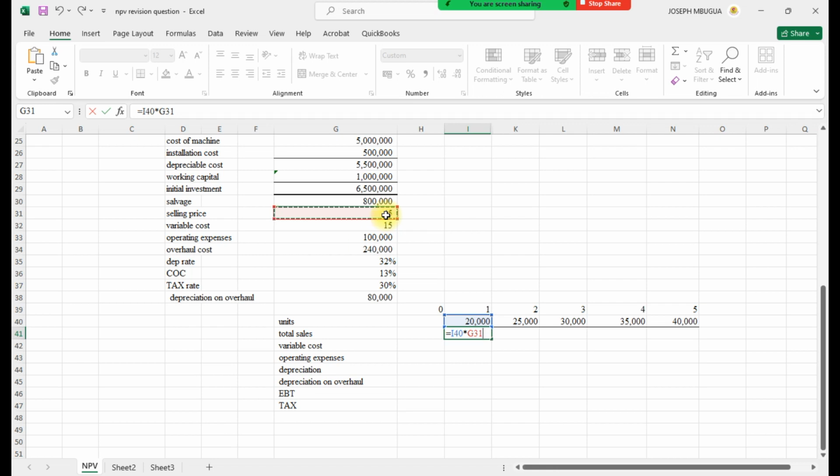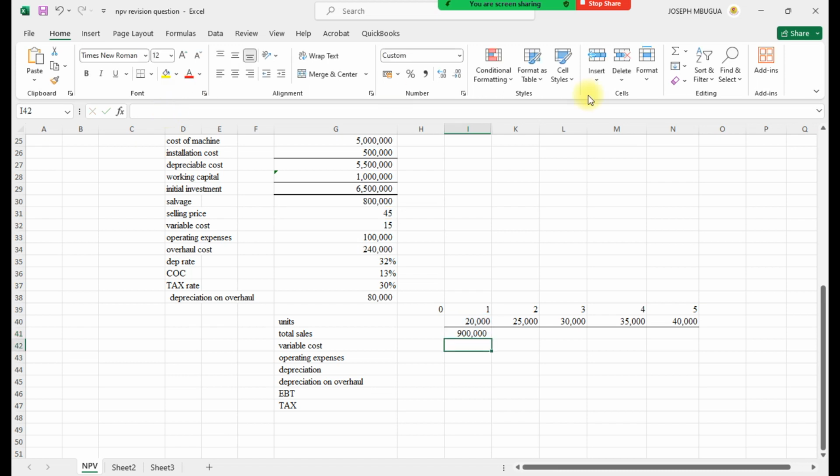Selling price in this case is a constant, and therefore I will fully lock that, and I'll just drag this one, and you'll get your total sales.